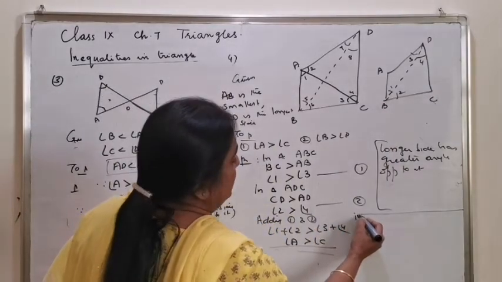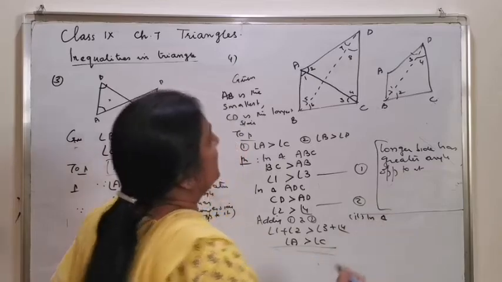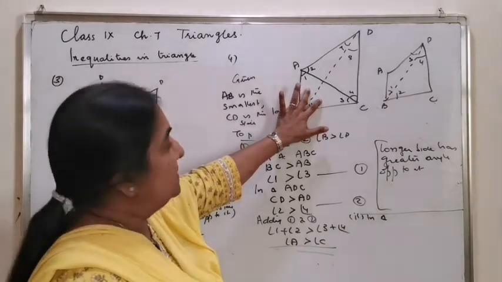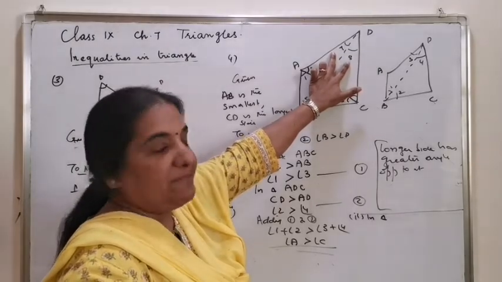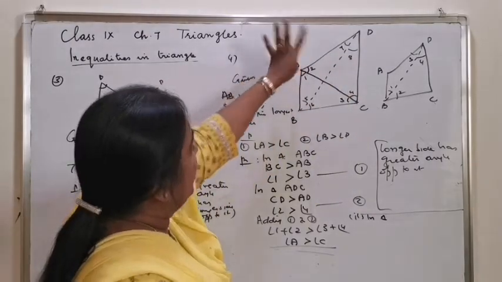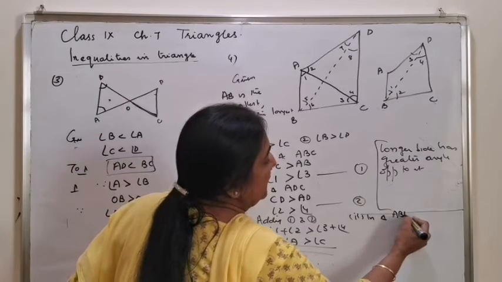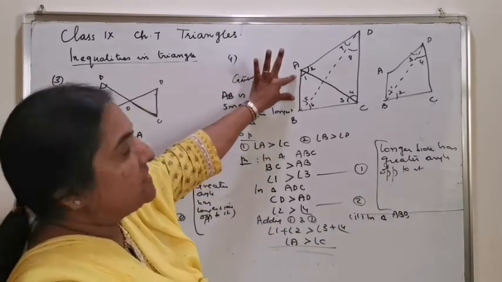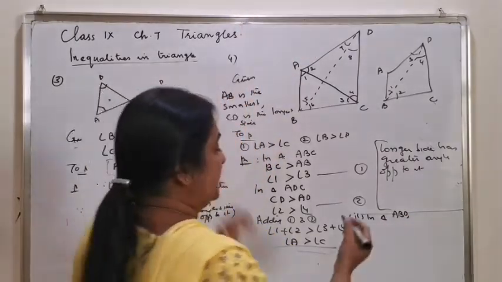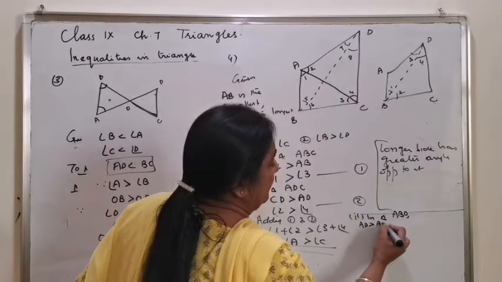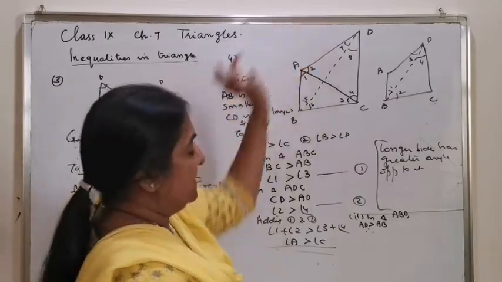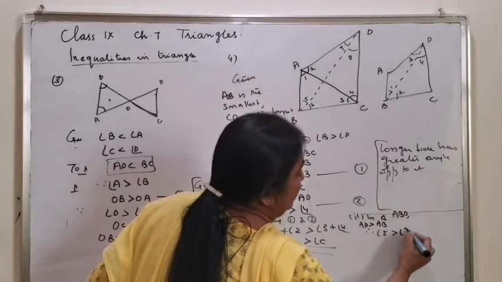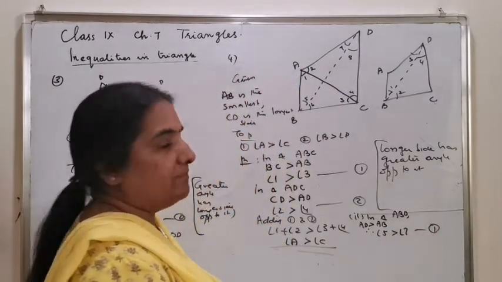For the second part, you have to get 5 plus 6 greater than 7 plus 8. So the triangle is ABD. In triangle ABD, AB is the shortest, means AD greater than AB. Therefore, angle 5 greater than angle 7.